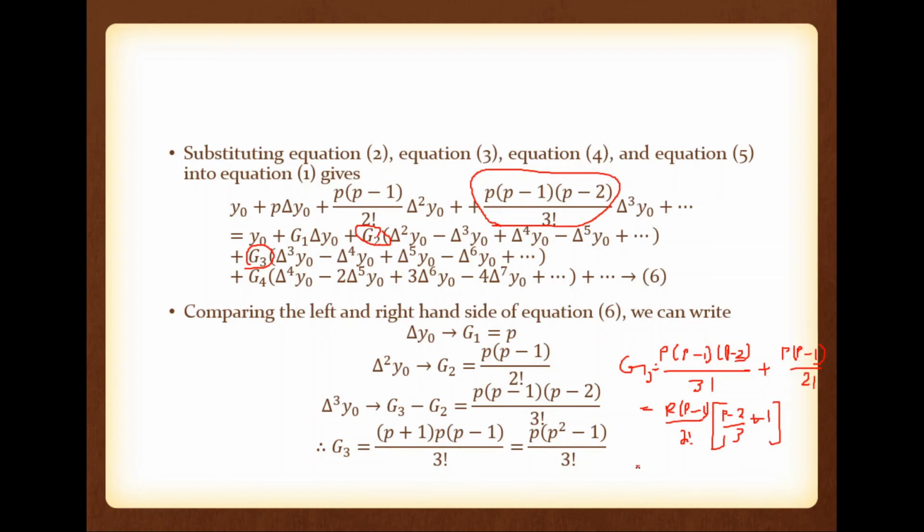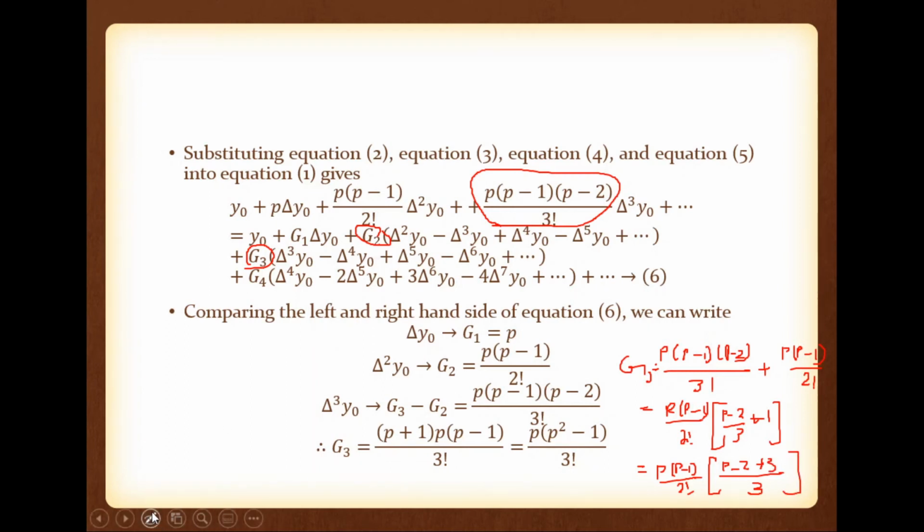So this term will become p into p minus 1 divided by 2 factorial into, take 3 as the LCM, p minus 2 plus 3. What is minus 2 plus 3?